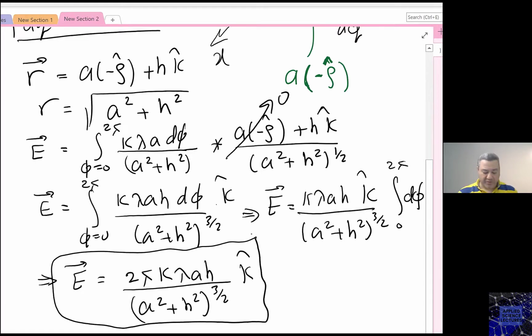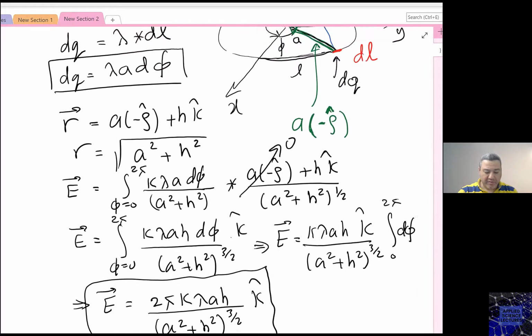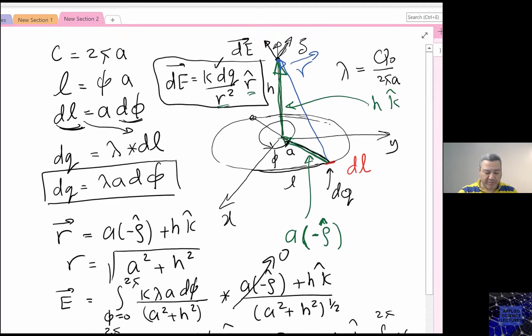Again, you can still use this equation without deriving it if you have a problem with the ring of charge, as shown here.